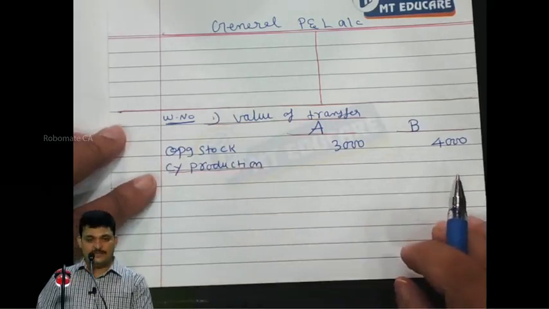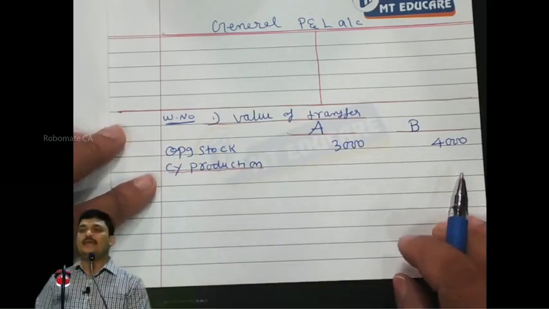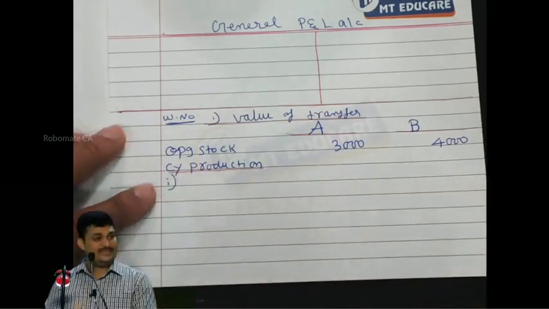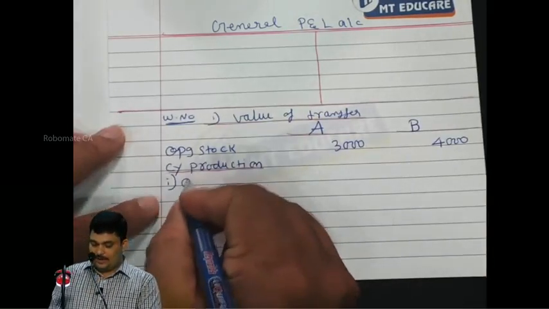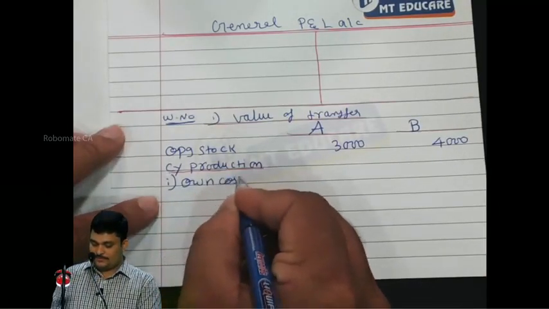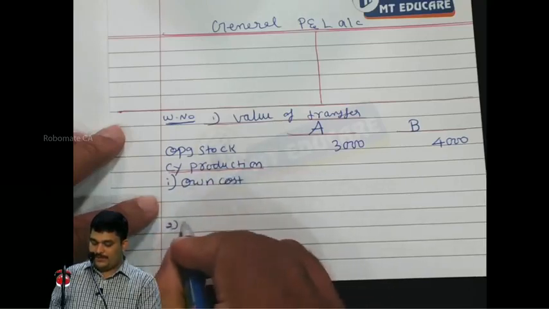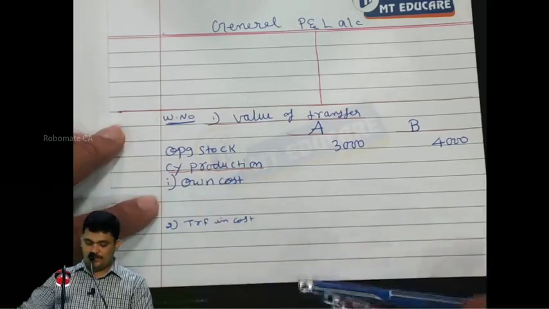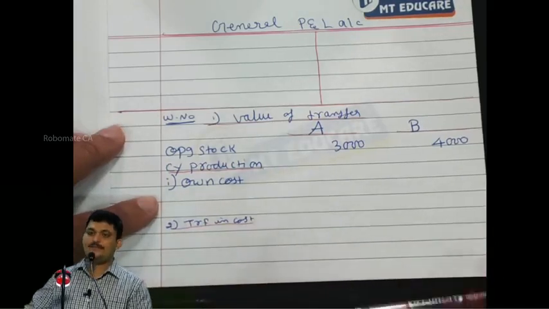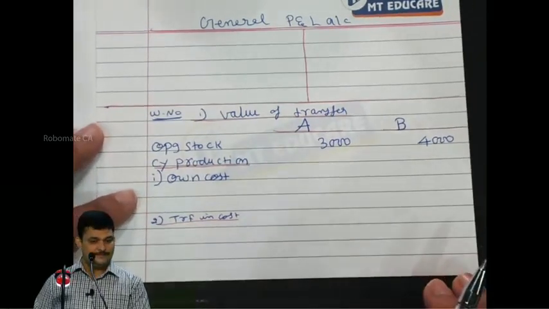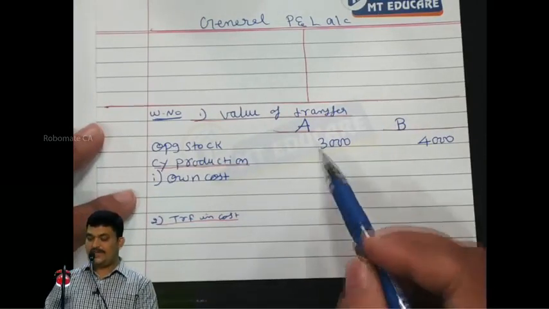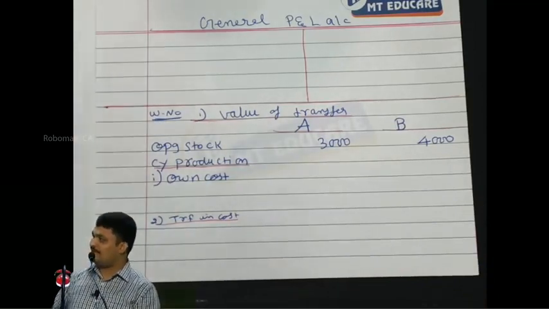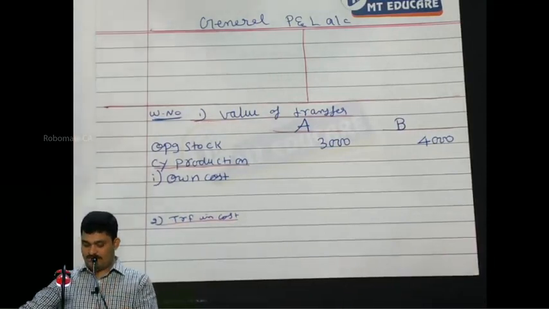This current year production will have two types of cost. Now listen, friends. One is called own cost. The other cost we call transfer in cost, the cost which has been transferred from the other department. Everybody? This transfer in cost will not be there for department A, but will be there for department B. So now let us take own cost.